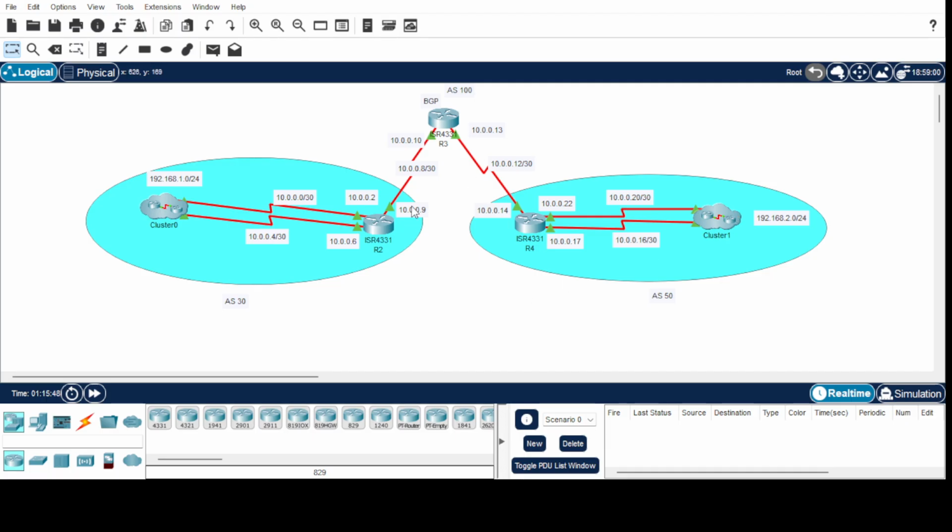Similarly, BGP also knows about its interior local IGP, how to reach the particular destination.